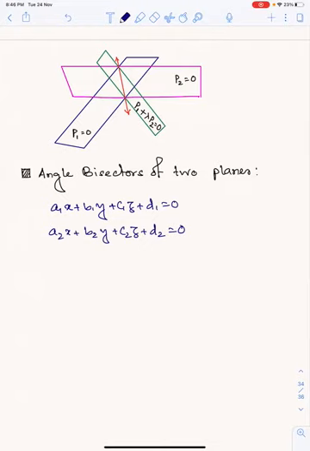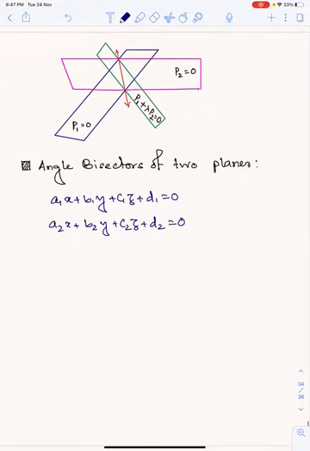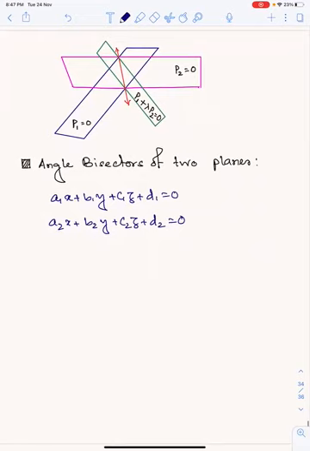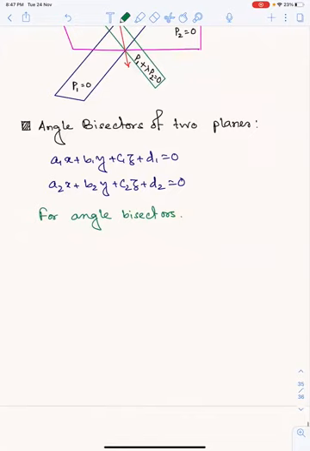Like in the earlier diagram, you can consider the blue plane and the green plane. The pink plane, which appears as the angle bisector, is the collection of all the points which maintain equal distances from both the arms. And as per the last idea, we can now find distances of points measured from a plane. So for angle bisectors, this will contain points which are equidistant from both planes.